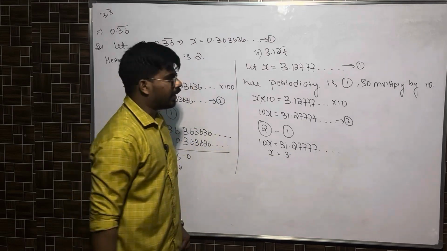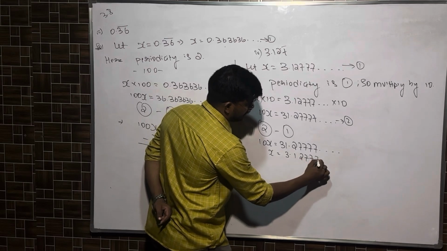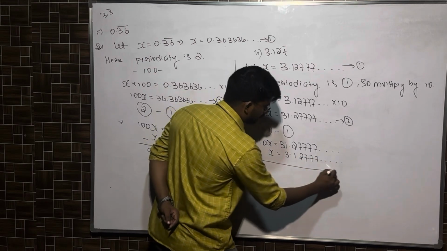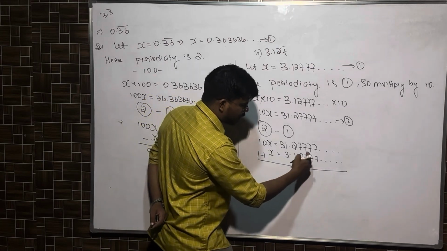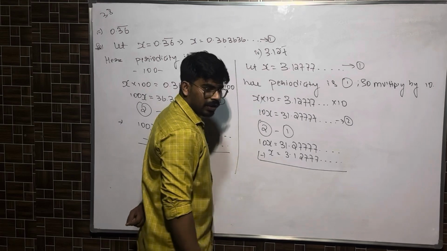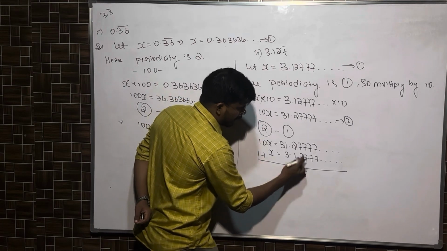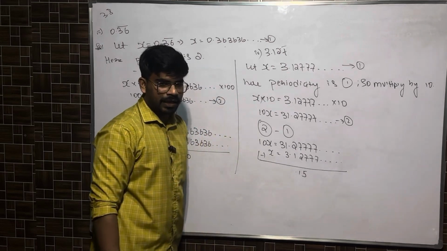Right? 3 is there now. 1 2 7 7 7, and so on. Subtract, this will become 0 0 0. 3 zeros. Here 7 minus 2 is 5. 2 minus 1, 1 point. 1 minus 3.